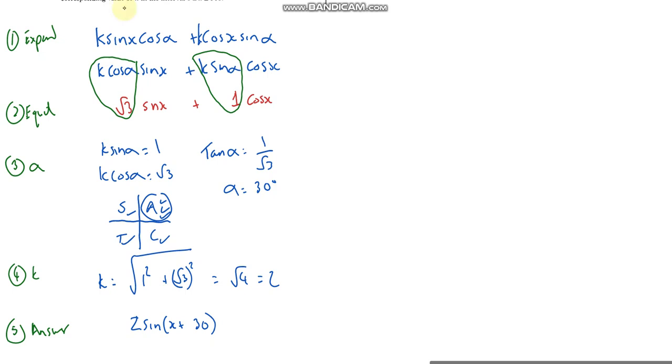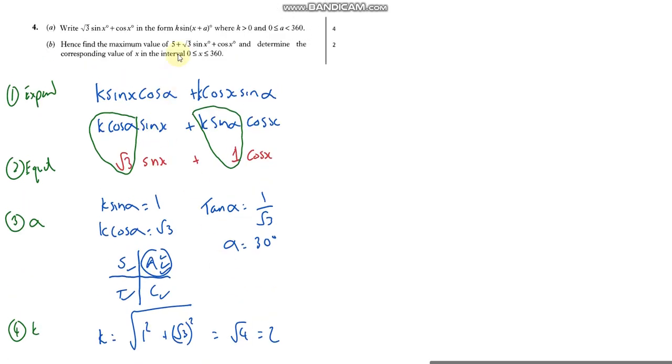And this time, very similar to last time, but now we're finding the maximum value of this. So what we want to say is, for part B, that 2 sine x plus 30 is equal to root 3 sine x plus cos x. So I rewrote this in this form, so I know they're equal to each other.